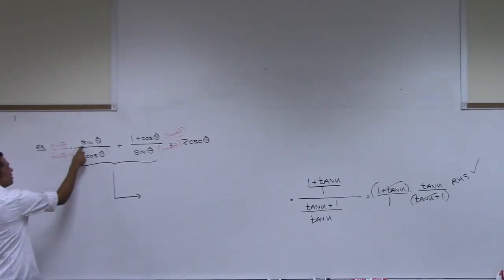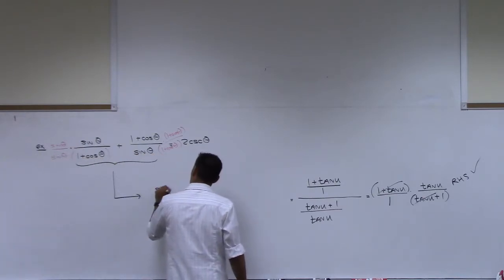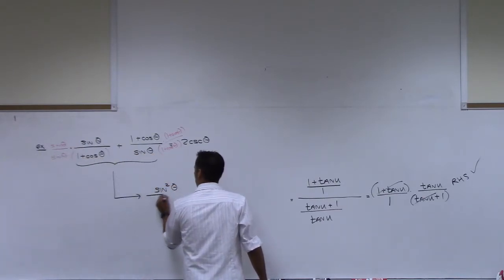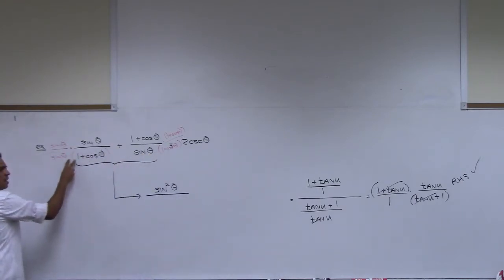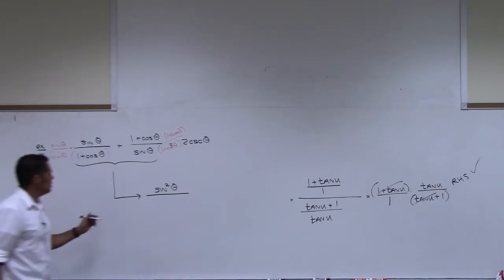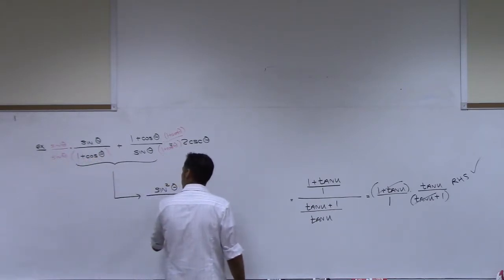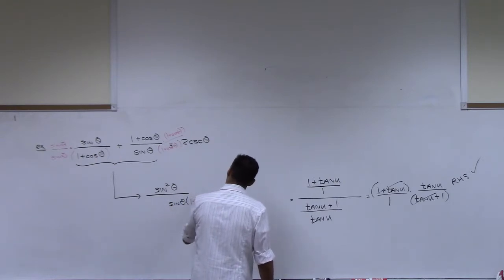All right, let's go ahead and put this together. So I'm going to do sine times sine, right? So sine squared theta over, now on the denominator, I would technically need to distribute the sine through, right? Or I could leave it as sine with the parentheses and just leave that whole thing down there. It's kind of up to me, right? I'm going to leave the sine out for now, and I'm going to have 1 plus cosine theta.